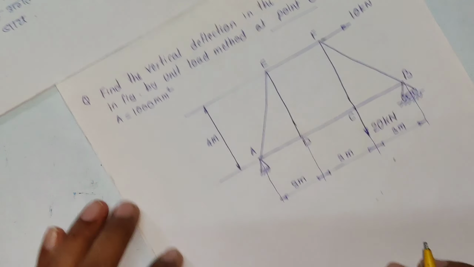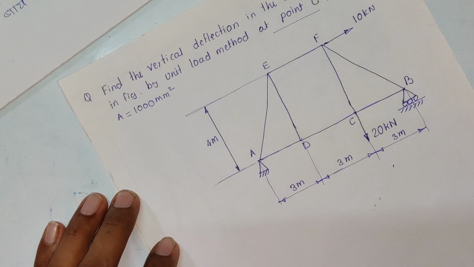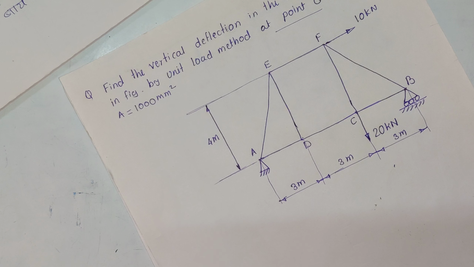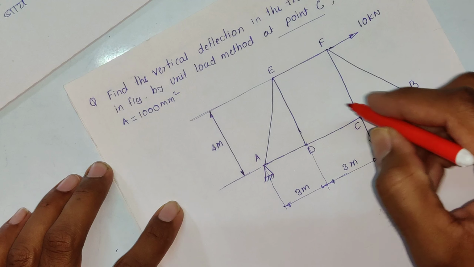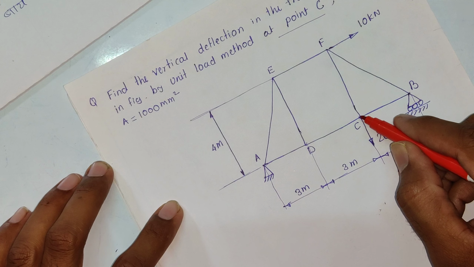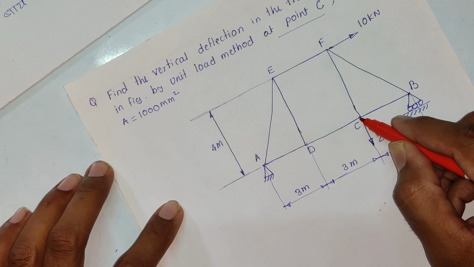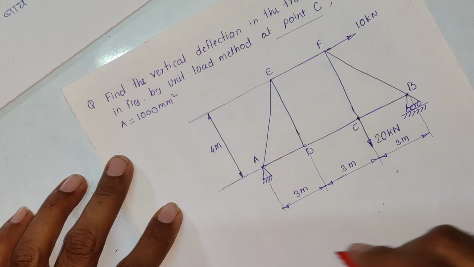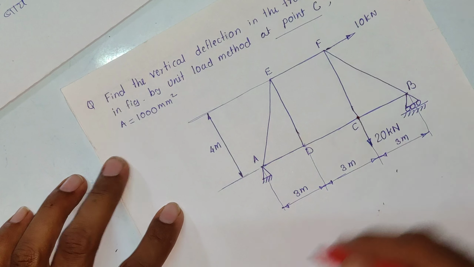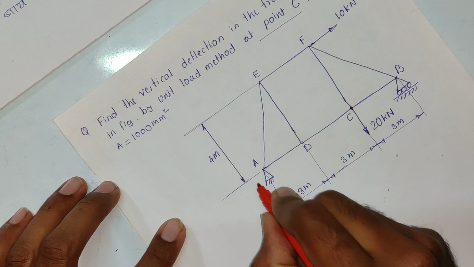Right, let us start. As you can see in this diagram, they are given diagram for a truss. So in this diagram we have to find deflection at point C here, right? So first of all, our first step is find support reaction.